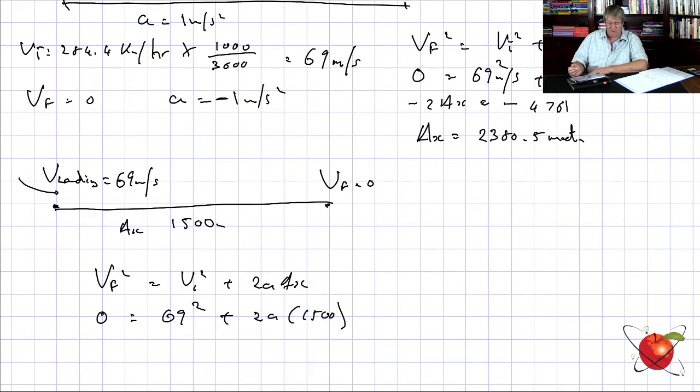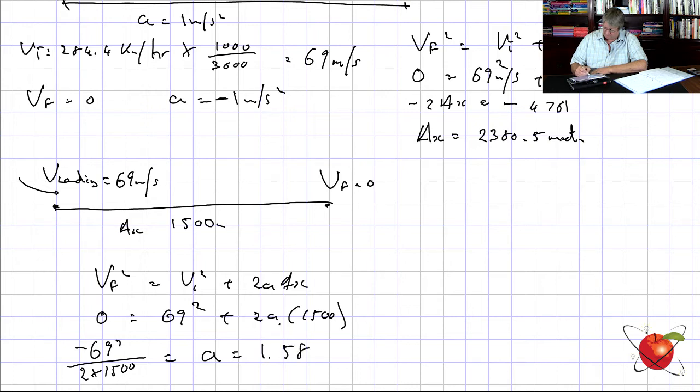All I'm doing is putting in what I've been given. 69 squared, and I solve for a, minus 69 squared divided by 2 times 1500. That gives me 1.586. Okay, yeah, minus 1.586 meters per second squared. Okay, that's that there.